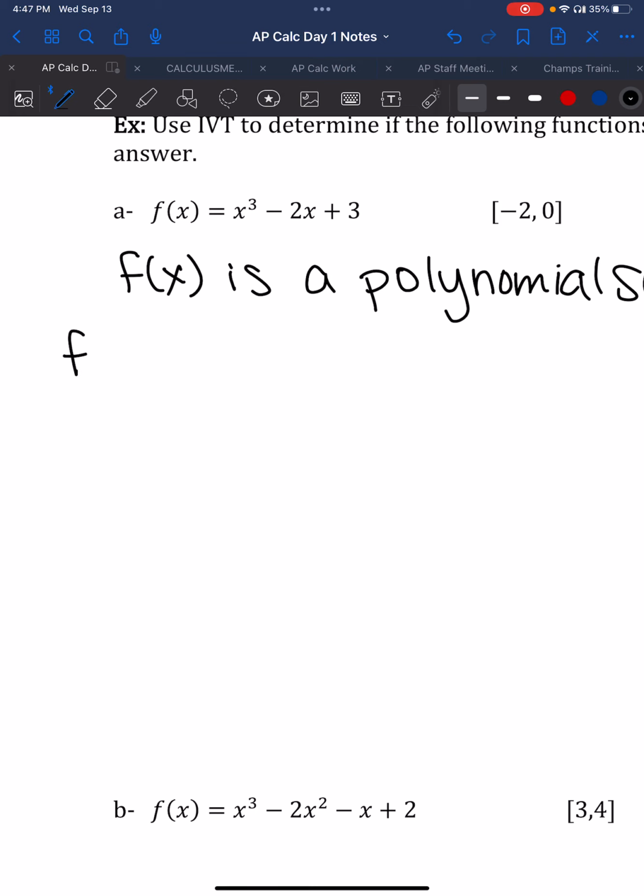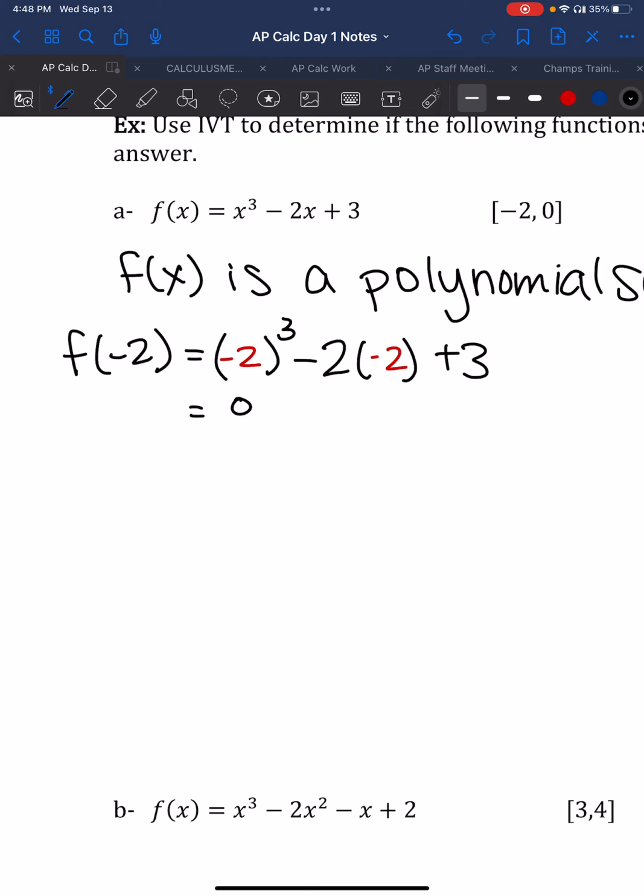So we need to do f of negative 2 and f of 0. For f of negative 2, we put negative 2 into our function. Negative 2 cubed is negative 8. Negative 2 times negative 2 gives us a positive 4, and 3. If we add all of that together, we should get negative 1.